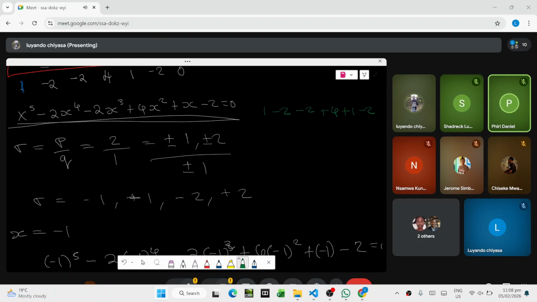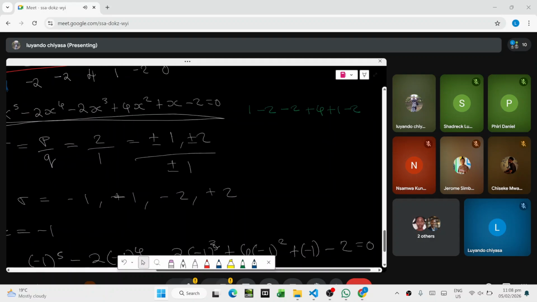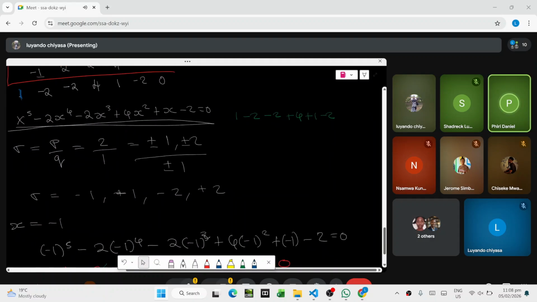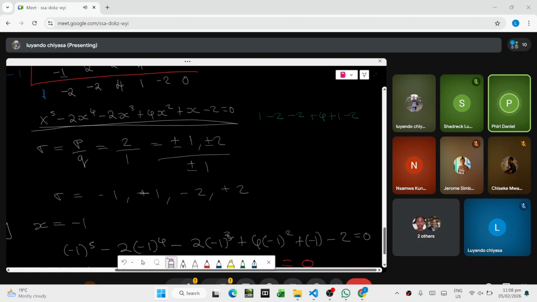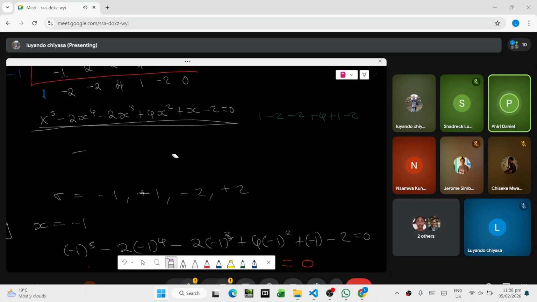Guys, isn't it also a factor? It is a factor. Try. There negative 2, which is negative 4, minus 2, which is negative 6, and then 4 plus 1 is 5, plus 1 is 6.